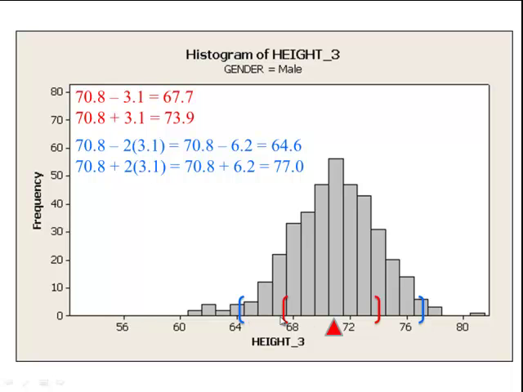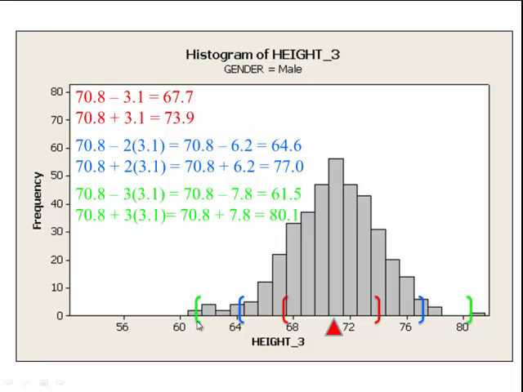So 95% of the heights for males who took the student survey are between 64.6 and 77 inches. And lastly, if we go 3 standard deviations above and below the mean, we end up with 61.5 and 80.1. Now this contains approximately 99.7% of the heights, and this is verified in the picture.